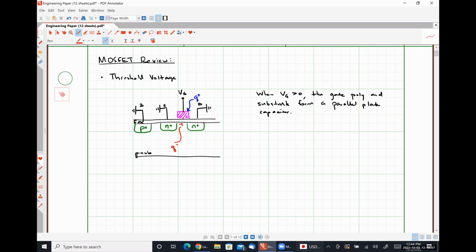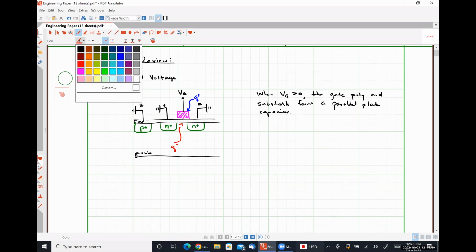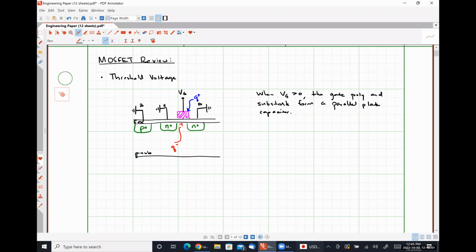So effectively, we would be pushing holes away from this region in order to sustain the electrons that we have underneath the gate.